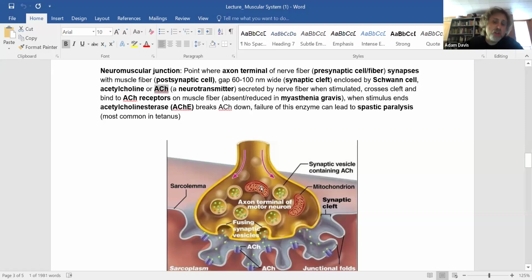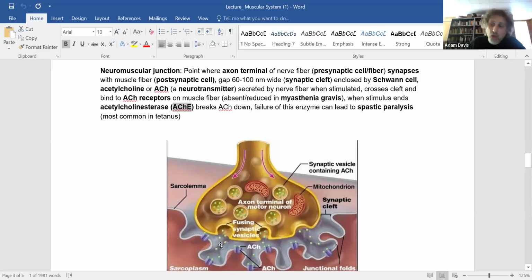When the nerve is no longer stimulating that action, exocytosis of ACh stops. At that time, an enzyme in this gap called acetylcholinesterase, bit of a mouthful there, we typically abbreviate it AChE, capital A, capital C, little h, capital E. That enzyme will enter the synaptic cleft and clean up.